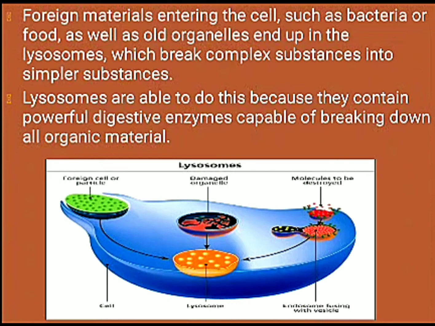Foreign materials entering the cell such as bacteria or food as well as old organelles end up in the lysosome, which breaks complex substances into simpler substances. Lysosomes are able to do this because they contain powerful digestive enzymes capable of breaking down all organic material.